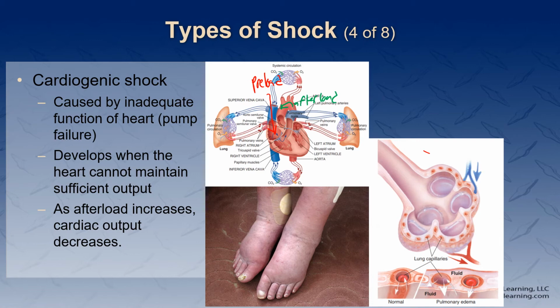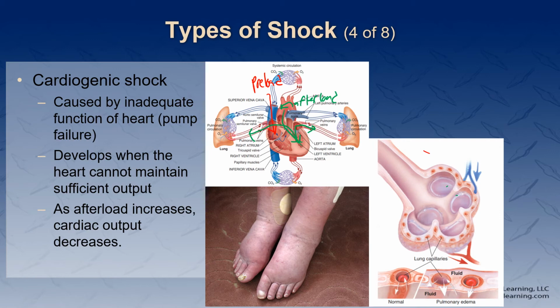And what you end up with is a heart that is unable to squeeze effectively, and blood gets pushed back. If it's the left heart, you get pushed back into the pulmonary veins, right?